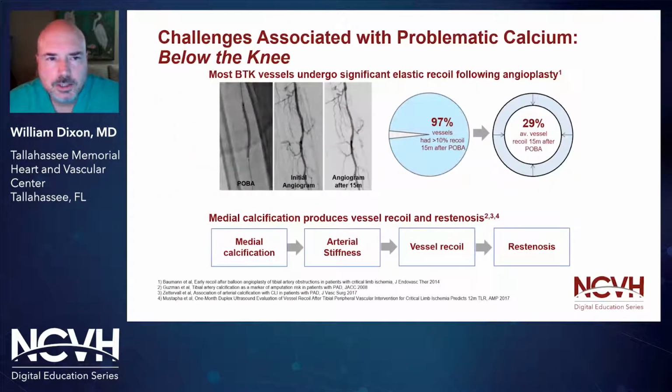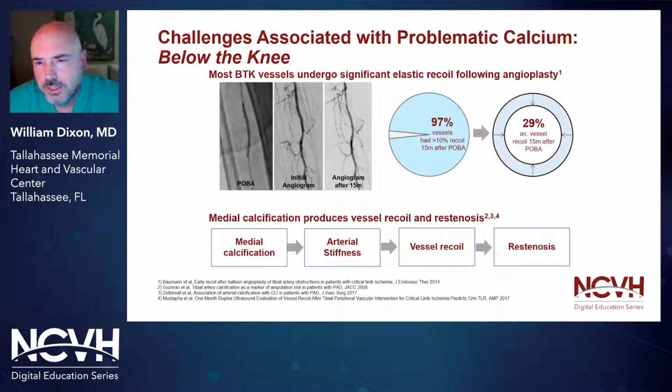So as I mentioned, recoil is a big problem below the knee. In the frame here, you see a standard balloon angioplasty, and the initial angiogram looks great. Hey, we got the vessel open, really nice result. If you are patient and take another picture a few minutes later, you may see significant recoil.